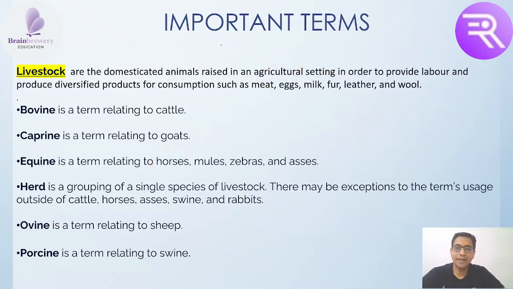So livestock provide us meat, egg, milk, fur, leather, wool, etc., and any other things that are taken out from them. Then we have certain terms that you normally listen to, like bovine, caprine, equine, herds, ovine, porcine, right? So the maximum used term that we see is bovine. Bovine is related to cattle.